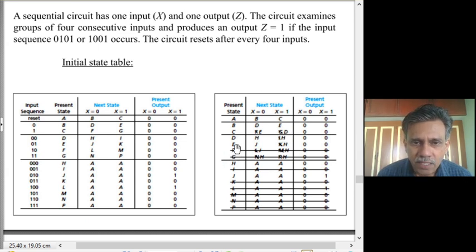Similarly, if you look at E and F, both of them go to J and H. So you can remove F, and in place of F, you relabel it as E. Now again you go one step further and check whether B and C can be equivalent.